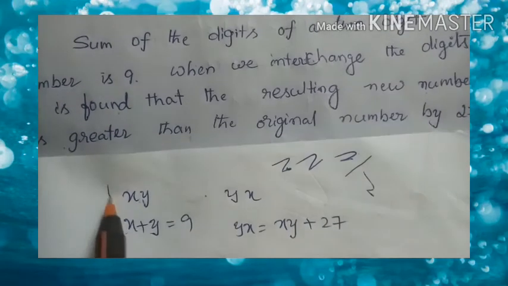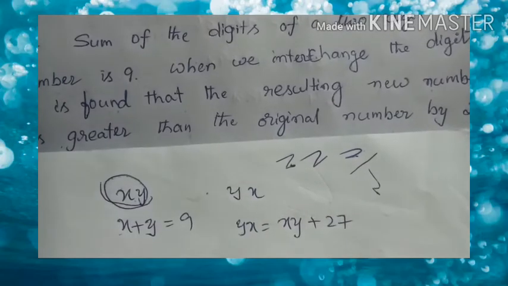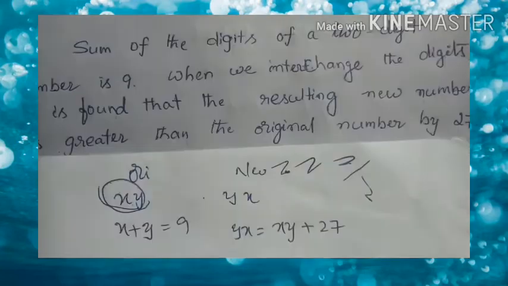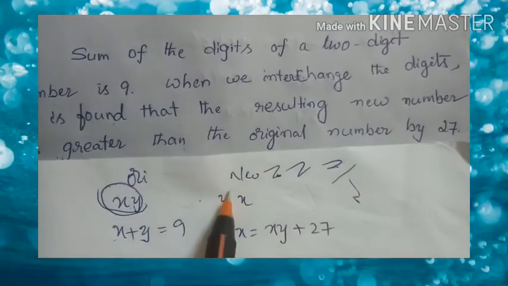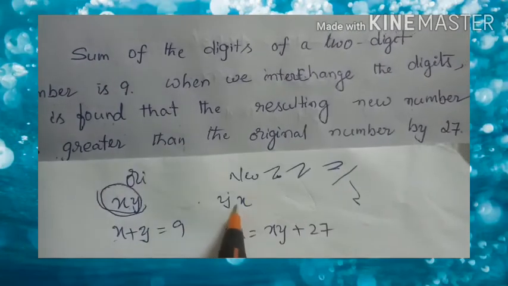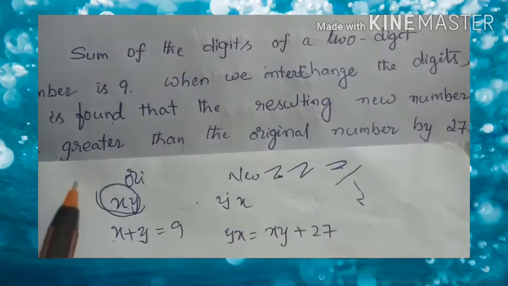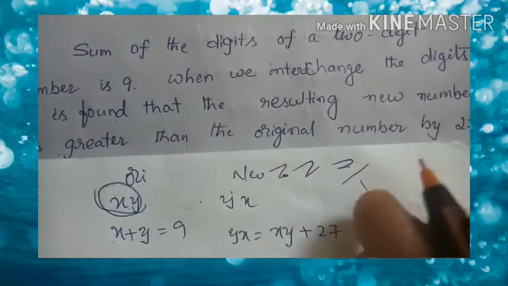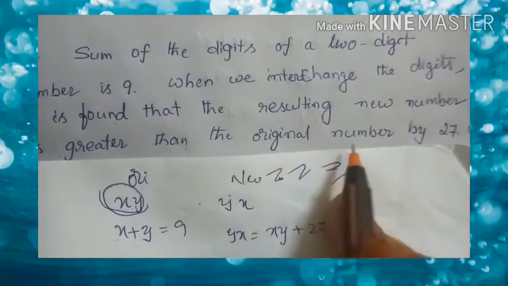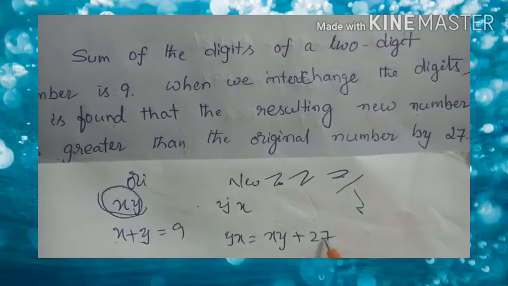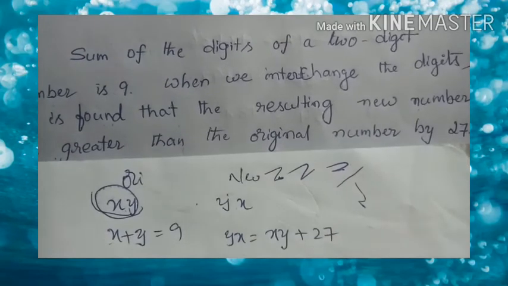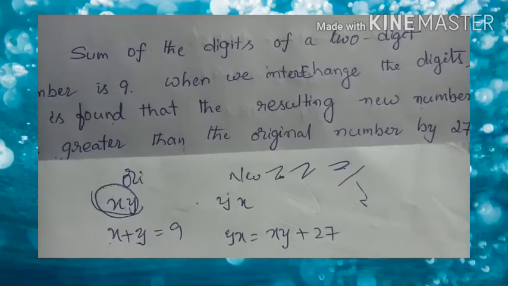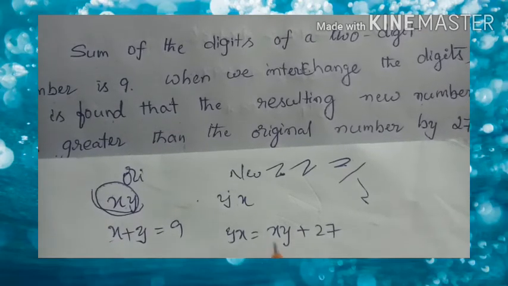Now we have to find the original number. This is the original number and this is the new number. The resulting new number is greater than the original number by 27. That means the new number is 27 more than the original number.